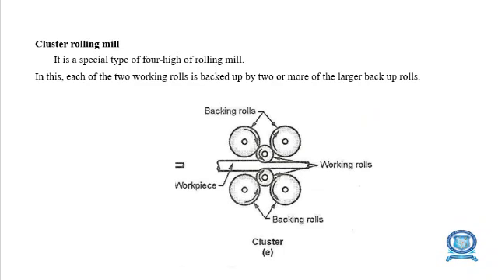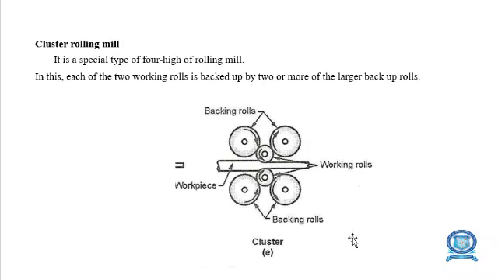In this, each of the two working rolls is backed up by two or more large backup rollers. As shown in the diagram, two working rollers of smaller diameter and four backing rollers, with each working roller having two backup rollers. This backing roller is supporting the working roller.